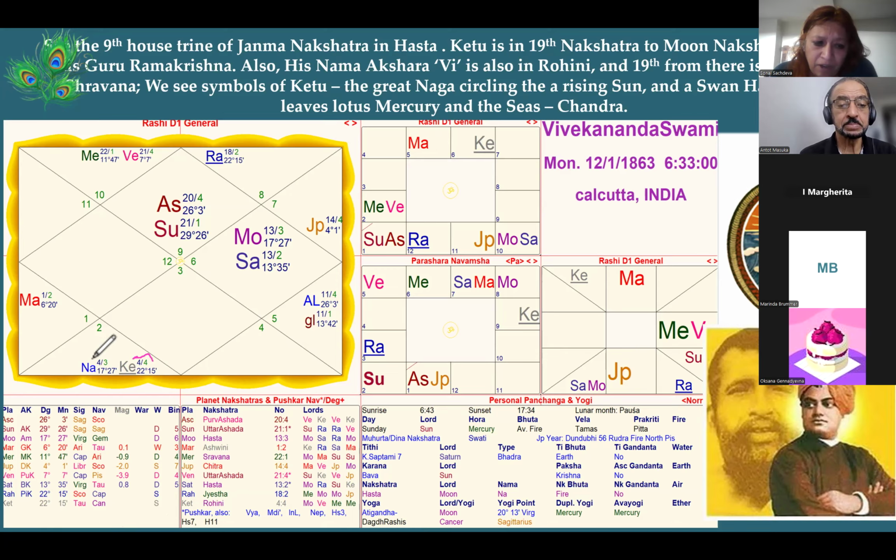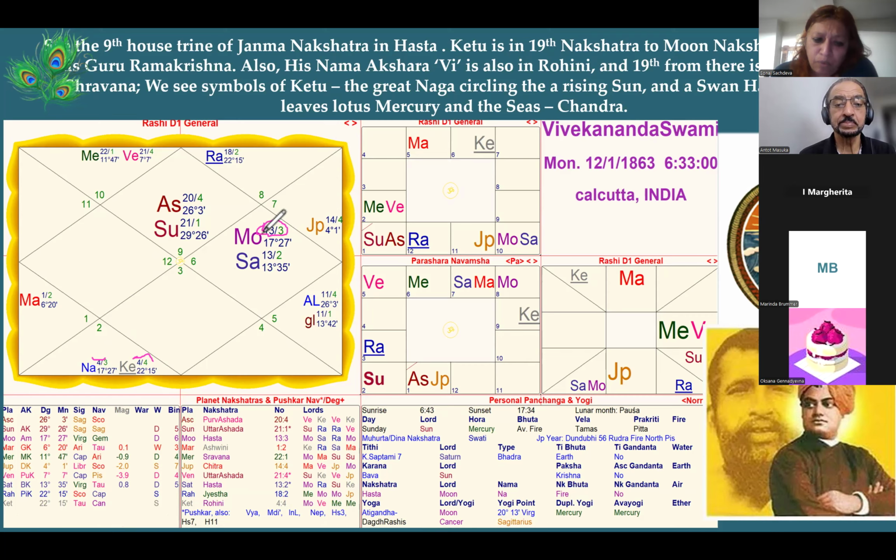One of the key things you need to get used to is the numbering of each of these nakshatras, because it's my endeavor for all of you to get super familiar with each of the nakshatras and their numbering.